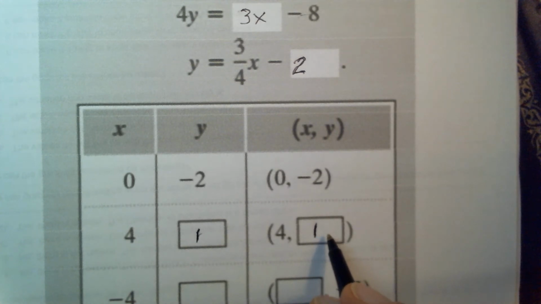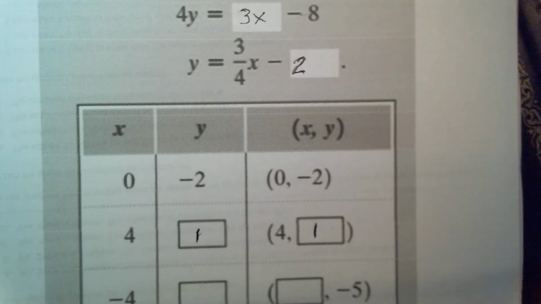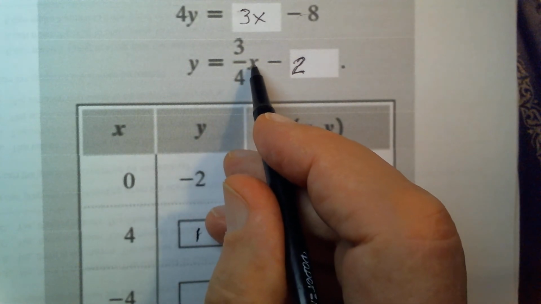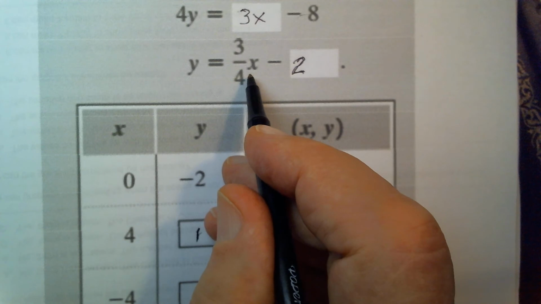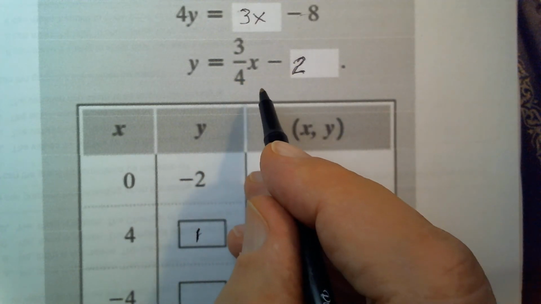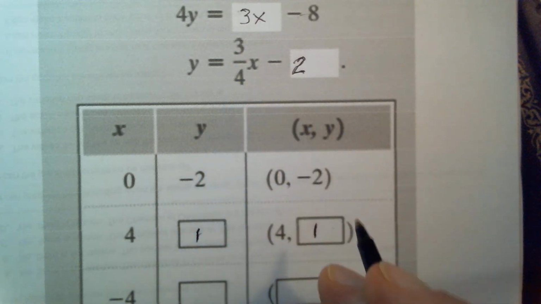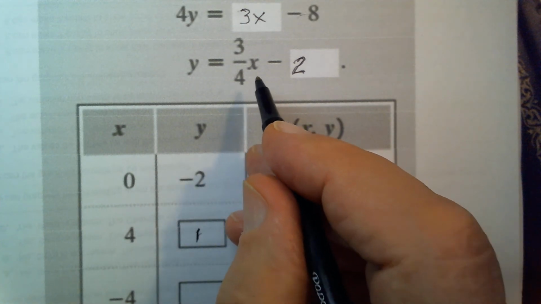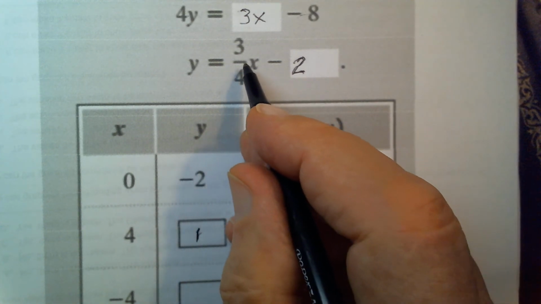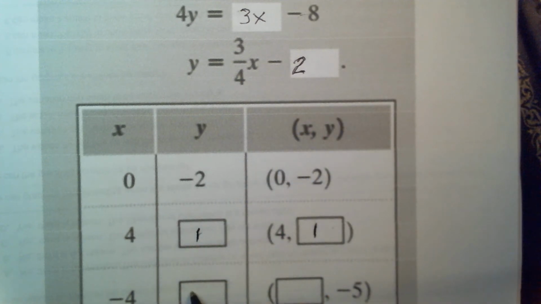And when x is equal to minus 4, then we have 3 times minus 4 divided by 4, so we have a minus 3, and so minus 3 minus 2 is equal to minus 5. So minus 4 and minus 5.